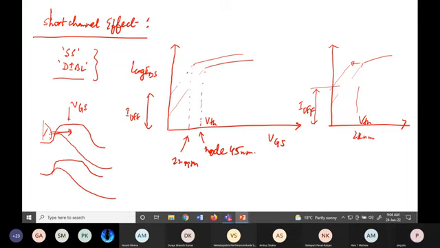Now, one way to understand this analogy in a better manner is, say I have two buckets of electrons.